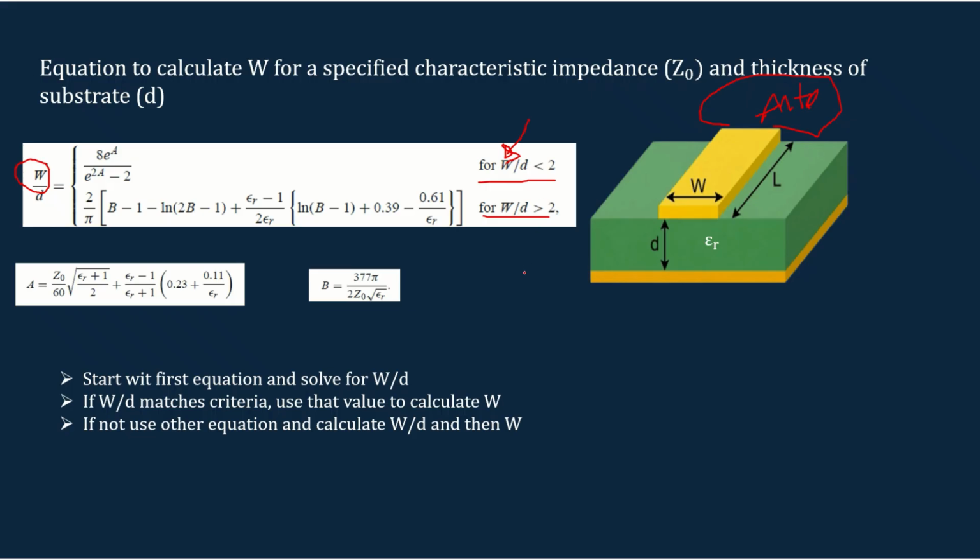What we can do is, after calculating A and B, start with the first equation, assuming that W by D is less than 2, and solve for W by D. If the result is less than 2, we can go with this equation. If it is not less than 2, then calculate again with the second equation. That is how we use these two equations to calculate the parameter W when we know epsilon R and D.